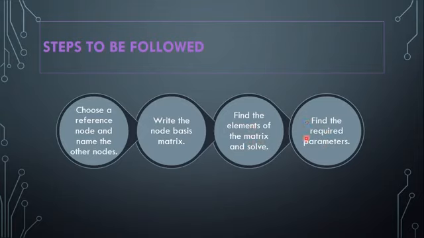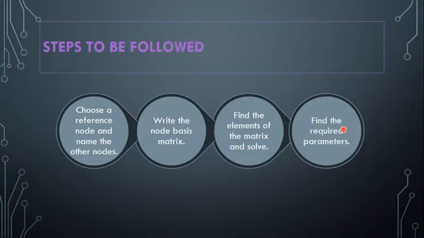So: determine the nodes and the reference node, write the node basis matrix, find the elements of the matrix, find the determinants, and solve using the same Cramer's rule we followed in the mesh analysis method. These are the steps that we are going to follow in the nodal analysis method.